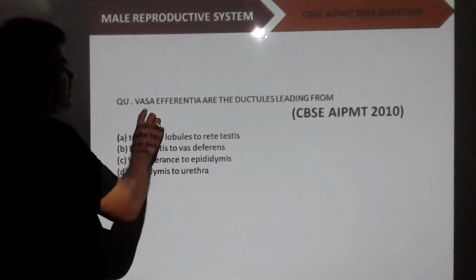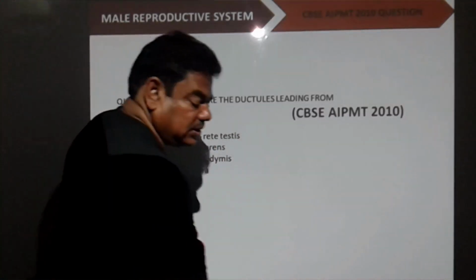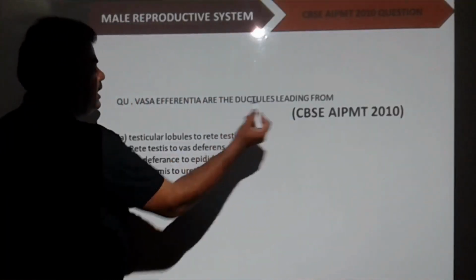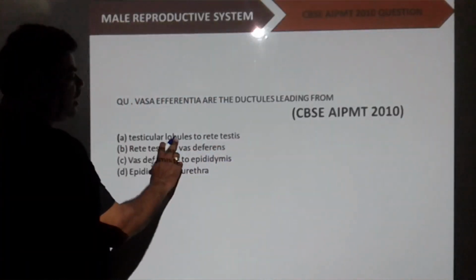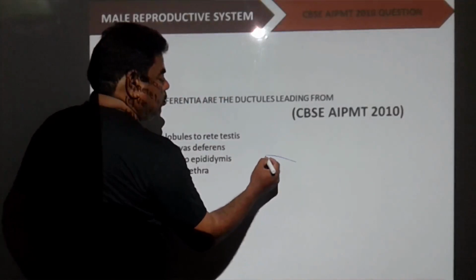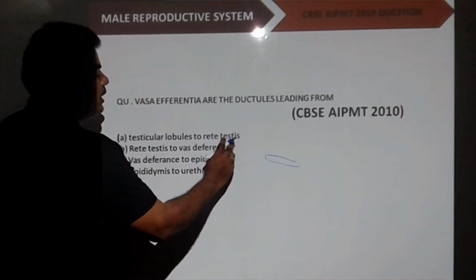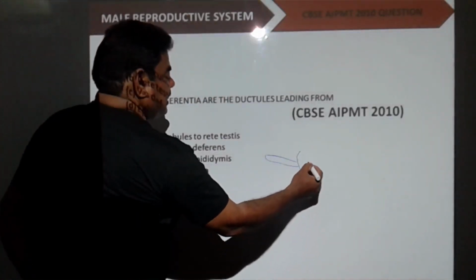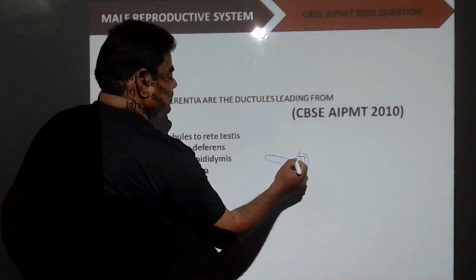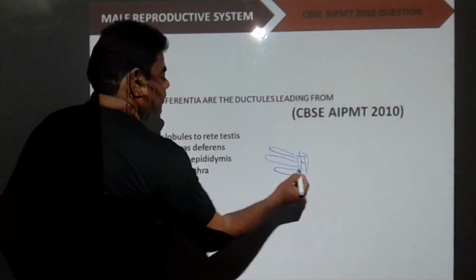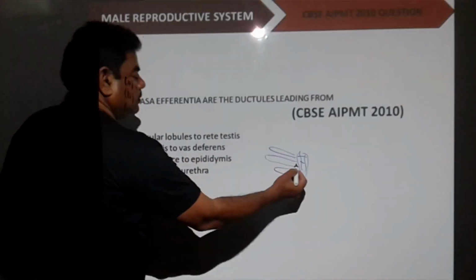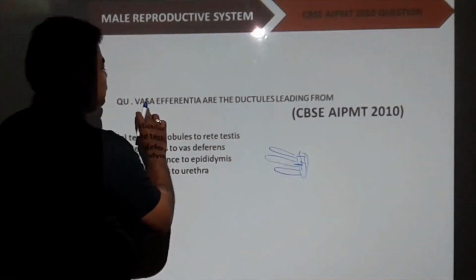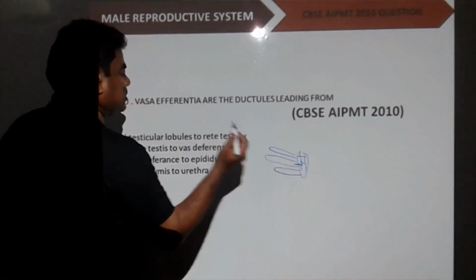Now see here, the vasa efferentia are the ductules leading from the testicular lobules to the rete testis. Here is the rete testis, and these are the testicular lobules. From here to here is not the vasa efferentia, so this one is the wrong answer.